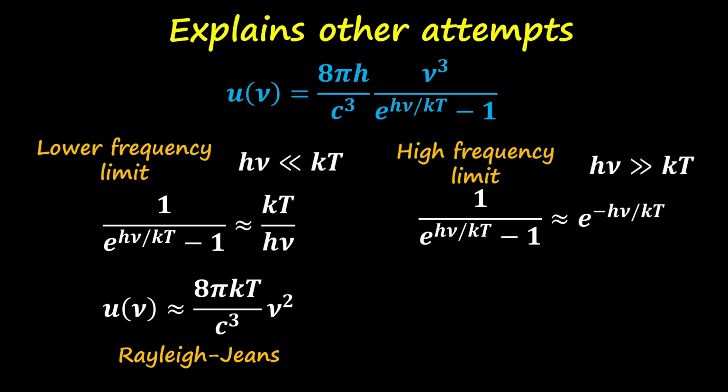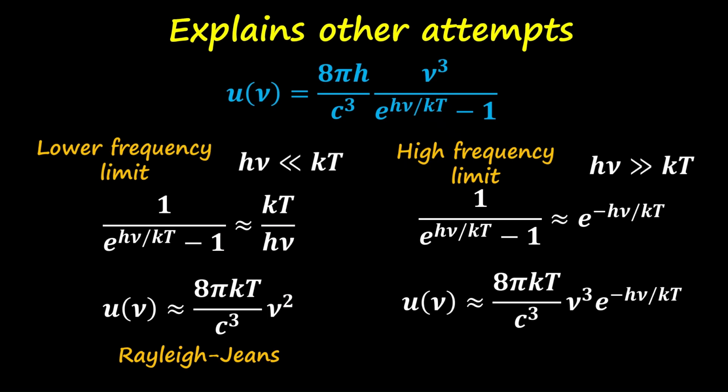And if I substitute, we get this formula, and this is nothing but Wien's distribution. So Planck's formula was no longer a patchwork, but a complete solution of the black body radiation. And that desperate fix marked the true beginning of quantum mechanics.